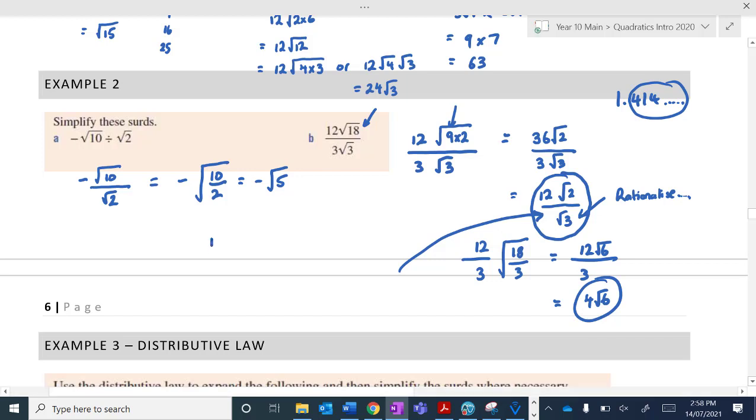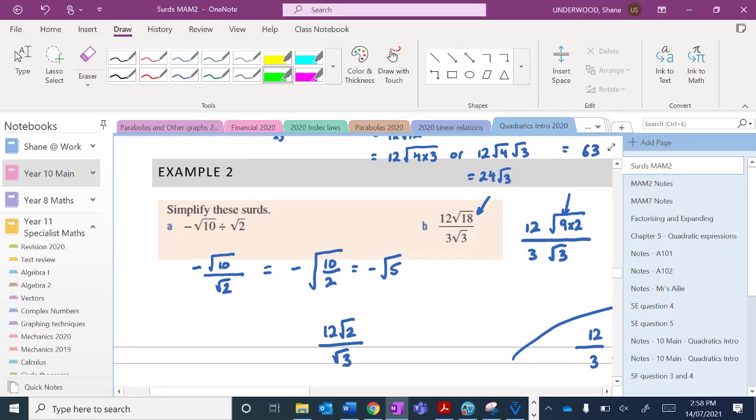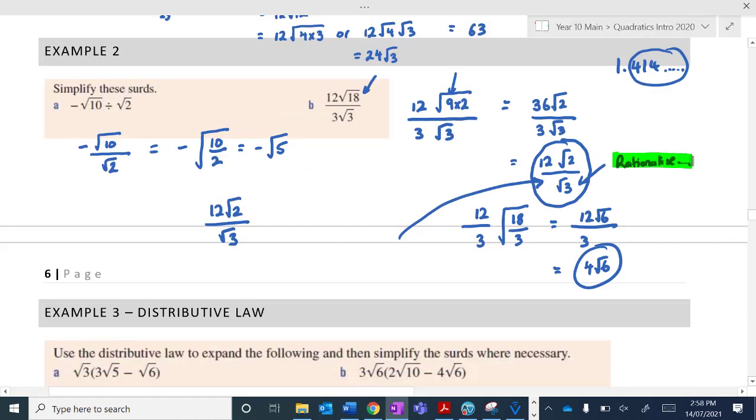If I have 12 root 2 on root 3, when we're trying to rationalise, and let me just highlight that for you, I'm trying to make the denominator rational. Now, when I say rational, 3, which is a whole number, can be expressed as a fraction. That's rational.